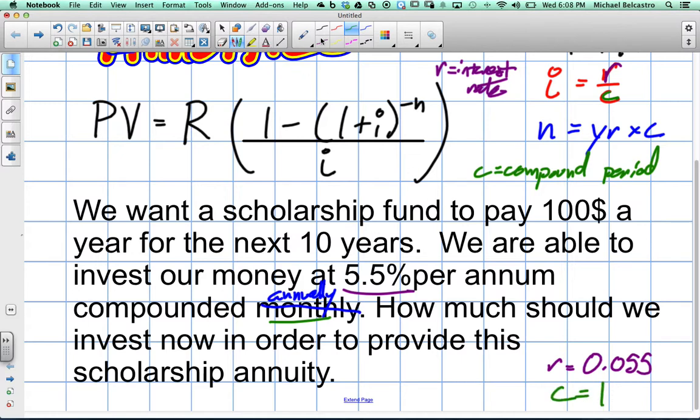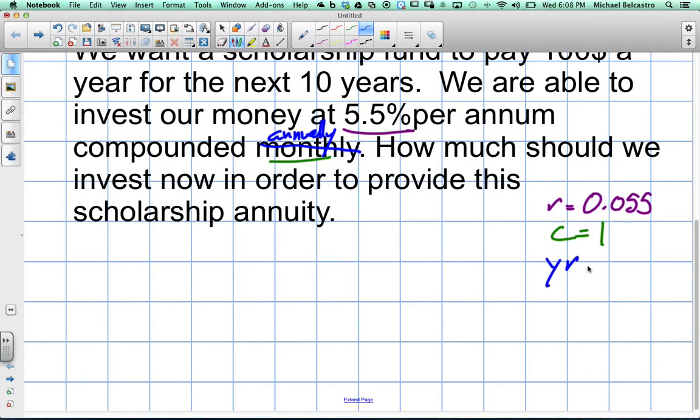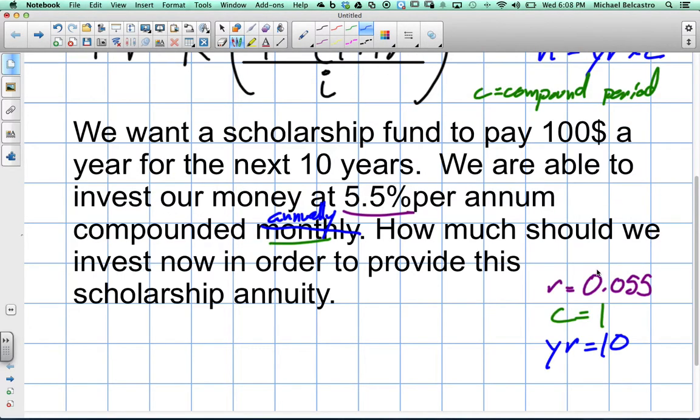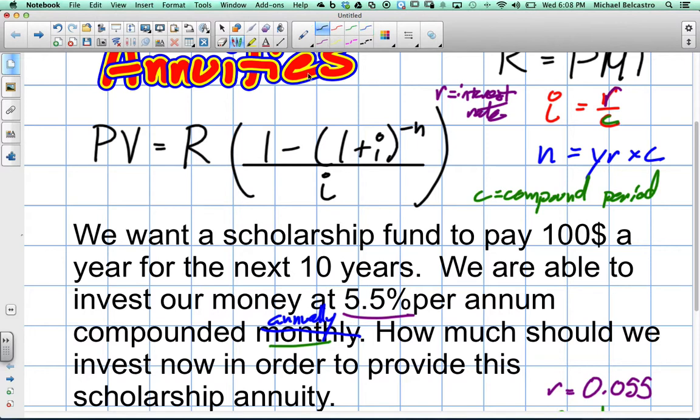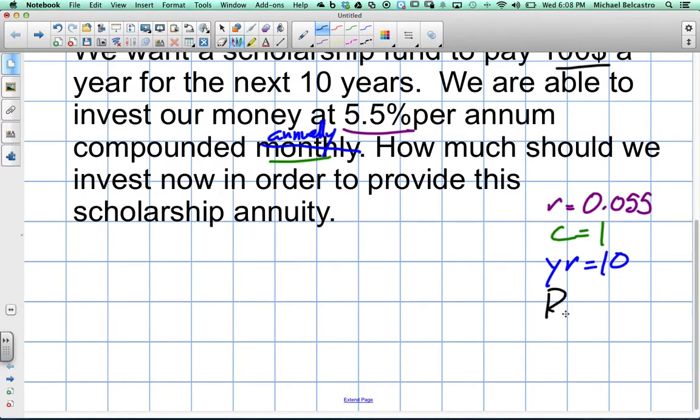Our number of years, how long do we expect to do this for? 10 years. So our YR is going to be 10. Okay, so we found a whole bunch of information. What about our PMT, or our regular payments? Every year, how much are we paying out? $100, yeah. So our uppercase R, or PMT, is equal to $100.